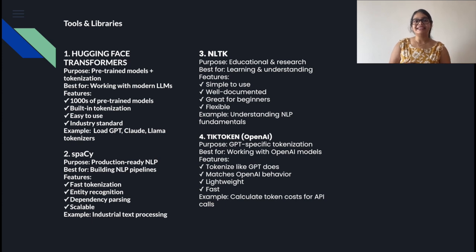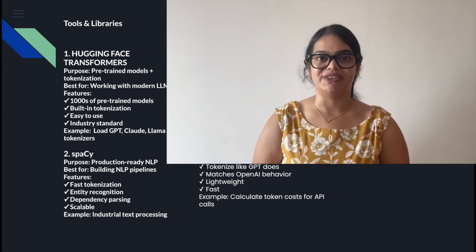And then there is tiktoken, which is OpenAI's library. It's specifically designed for tokenizing text the way GPT models do it. If you're working with OpenAI's models, tiktoken is essential. The key point is, you don't need to build tokenization from scratch. These tools handle it. What matters is understanding what's happening under the hood.